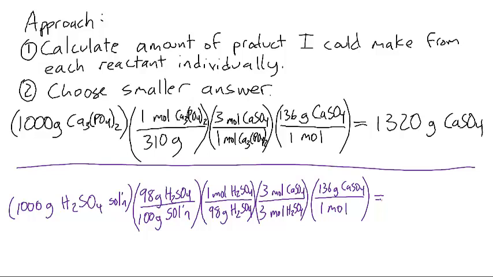Well, I can do that math in my head. 98s cancel out. The 3's cancel out. So I get 1,000 divided by 100, which is 10 times 136.